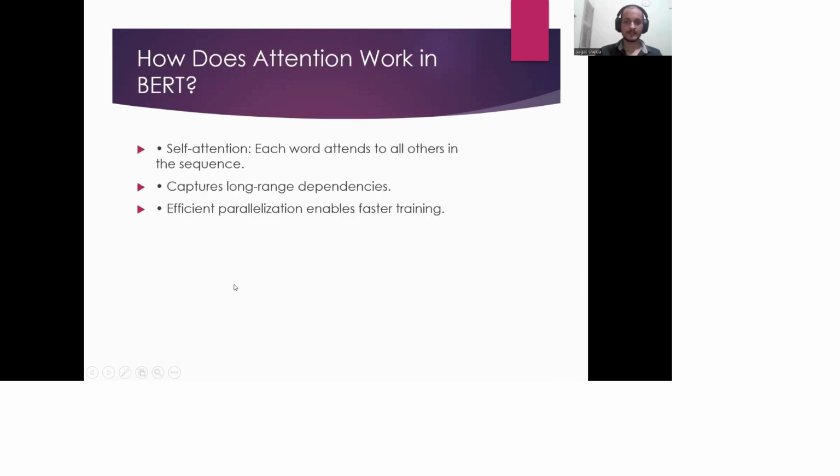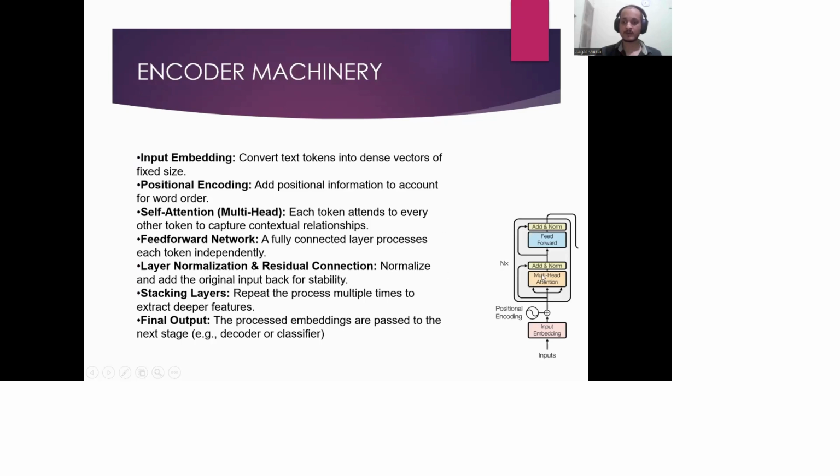Then how does attention work in BERT? As I previously explained, it works on the self-attention mechanism. Each word attends to all others in the sequence. The most important advantage of this is that it can capture long range dependencies, and it also enables efficient parallelization. In multi-head attention, let's say I had a 768 size array.